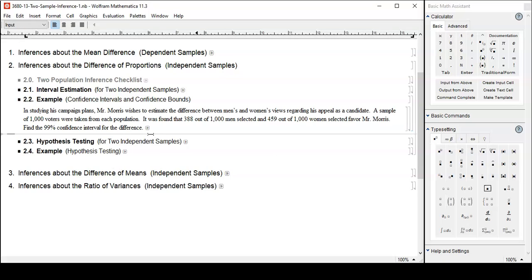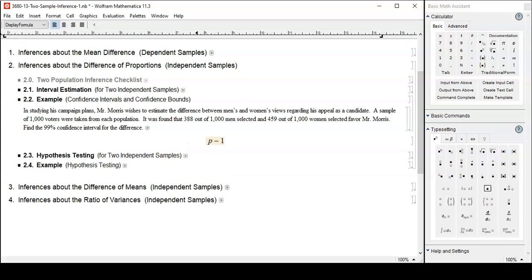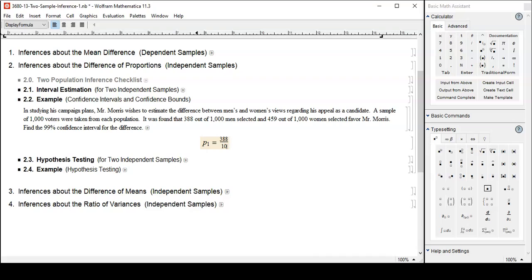So basically, for men, it is 388 over 1,000, so that's 0.388. For women, 459 over 1,000, which is 0.459.